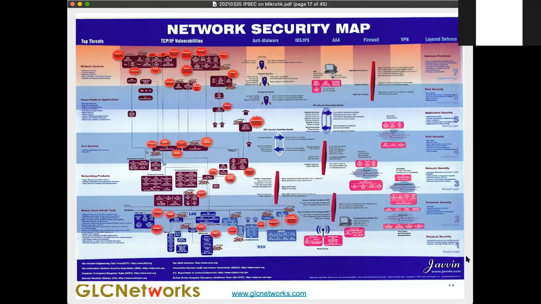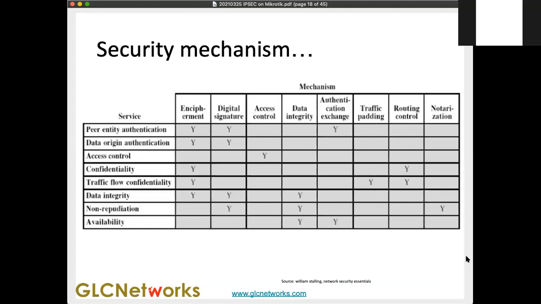Here are more details about the concept. This is the service, like confidentiality, access control, authentication, integrity, non-repudiation, which means you cannot deny, and then availability.